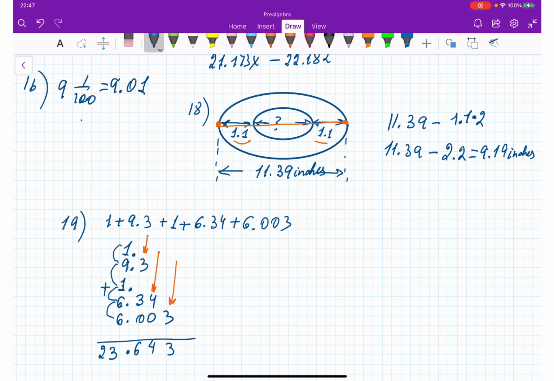Okay. Number 20. Simplify by combining like terms.